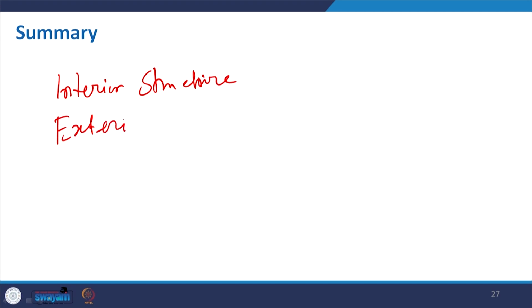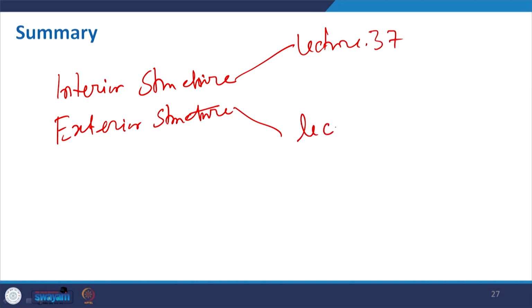Broadly, here we summarize with 2 types of structure: your interior structure and your exterior structure, and we will be focusing on those. The next lecture will be on this. This is lecture number 36, the next will be lecture number 37, and it will be discussed further in lecture number 38.